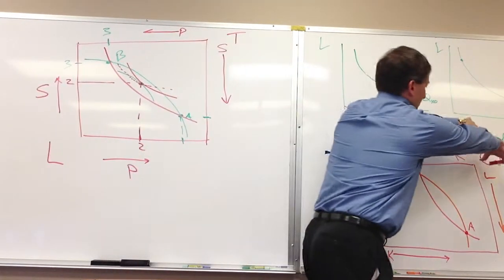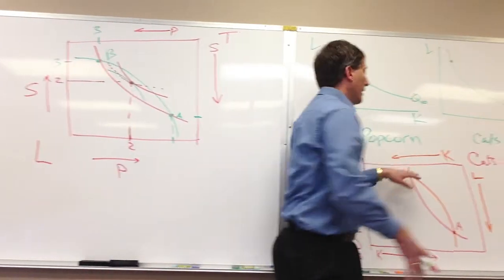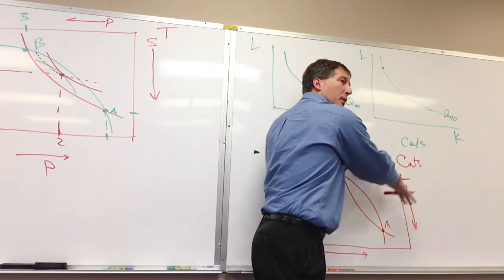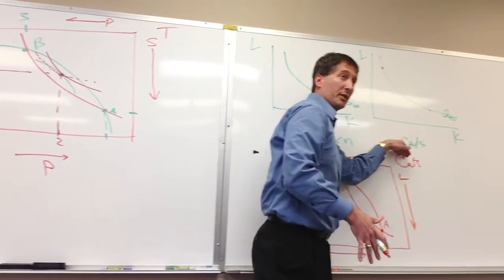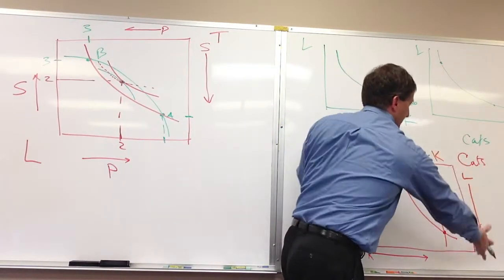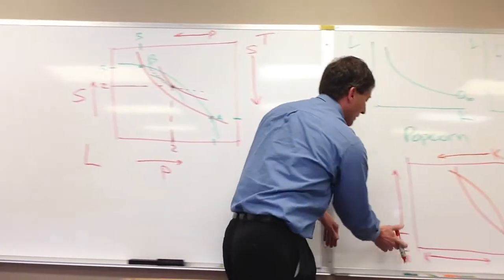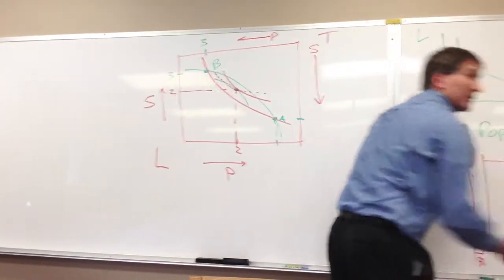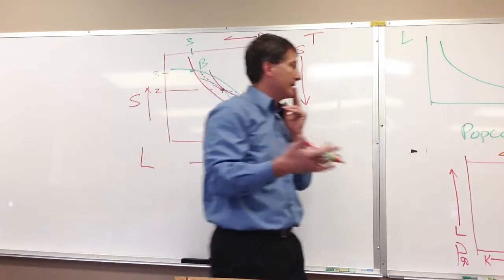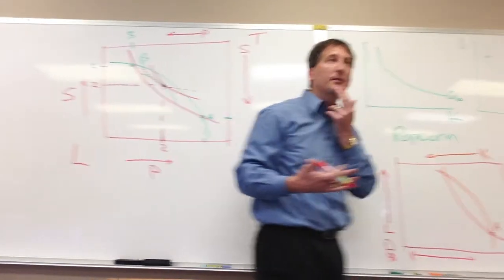Yep, so those arrows, yep, we're increasing. And what we're doing is we're increasing those inputs for cat production. So those inputs going this way are being used for cat production. Popcorn going this way. But it really highlights the idea of scarcity for us.